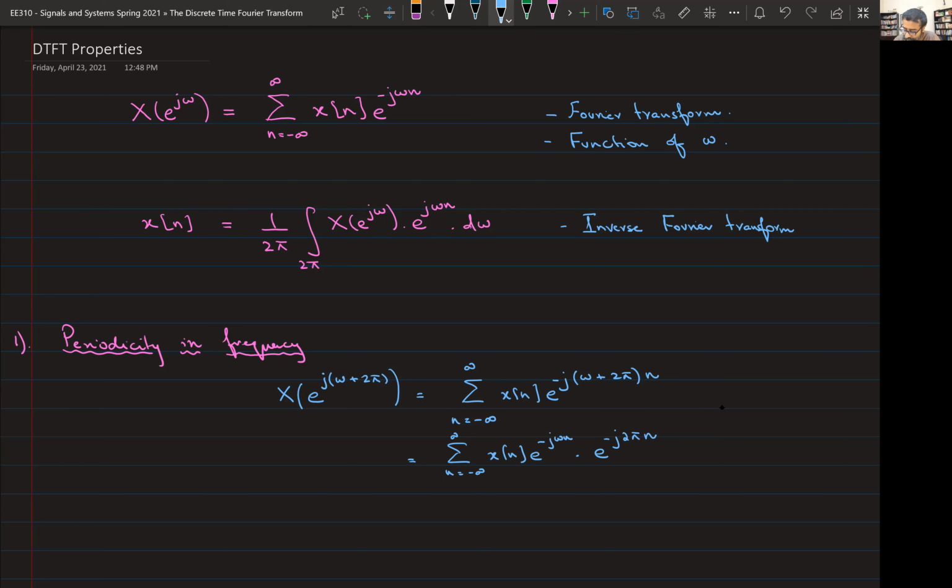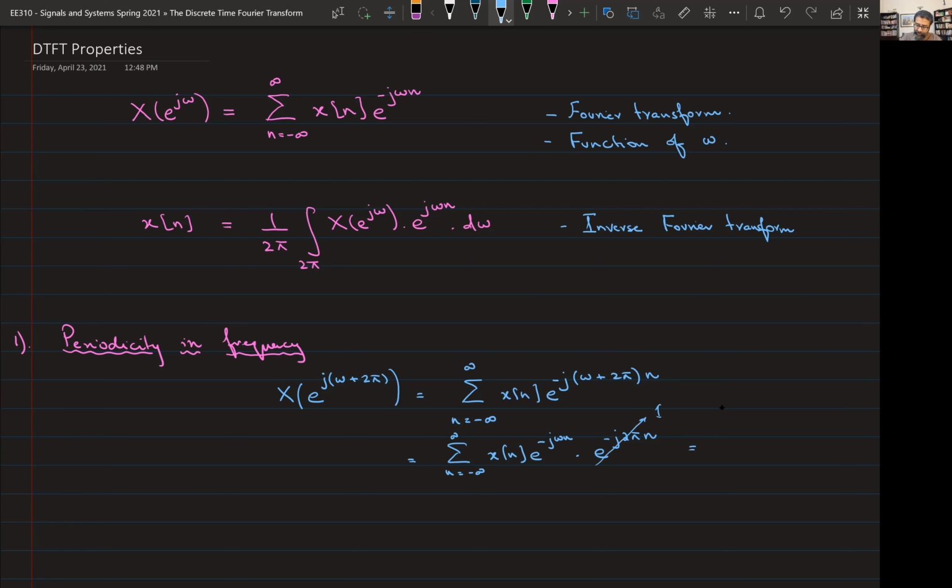Anyone? What is e raised to power minus j 2 pi n equal to? Good, that's equal to 1, because this is cosine 2 pi n minus j sine 2 pi n. Cosine 2 pi n is always 1 because n is an integer, and sine 2 pi n is 0. So this is indeed equal to 1.